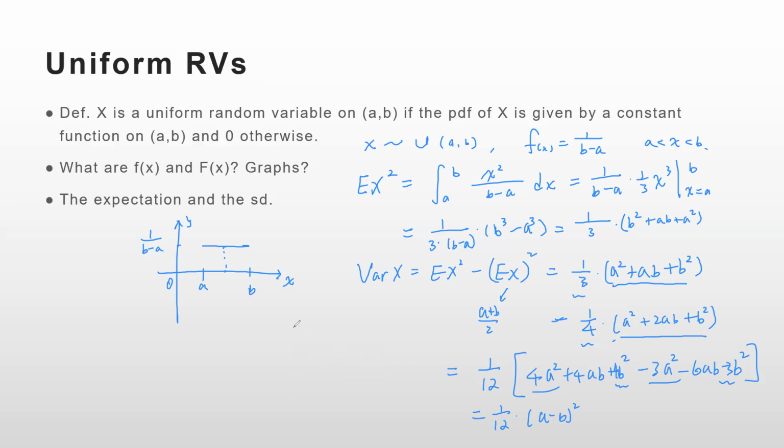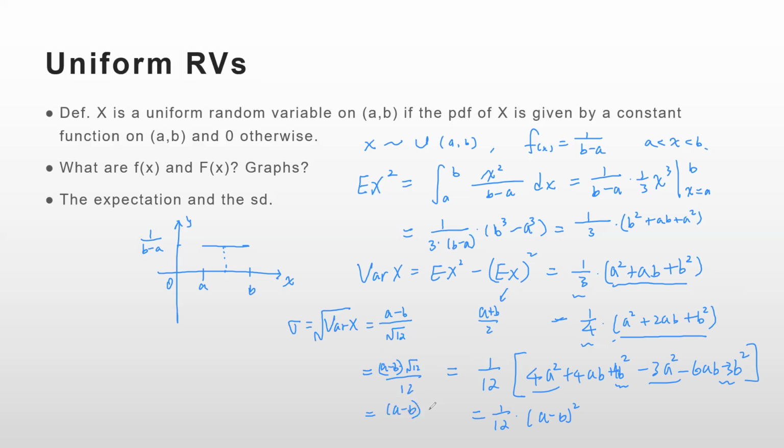And then the standard deviation is the square root of the variance. They're always non-negative. So I have b minus a over square root 12. If you want, you can simplify a little bit further. Square root of 12 equals 2 times square root of 3.